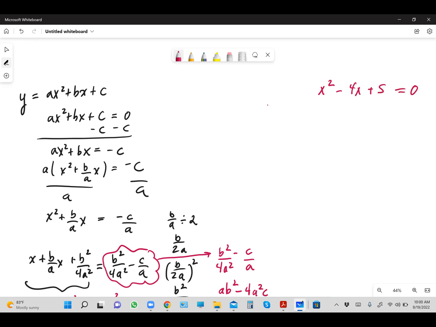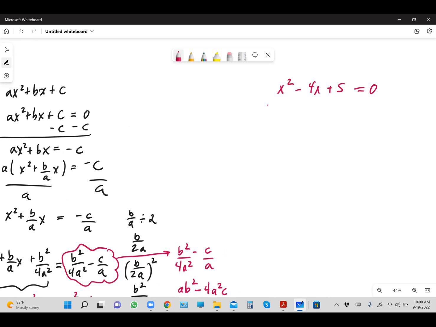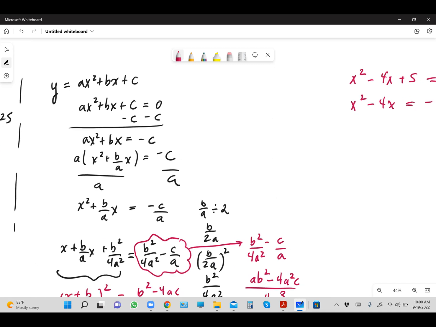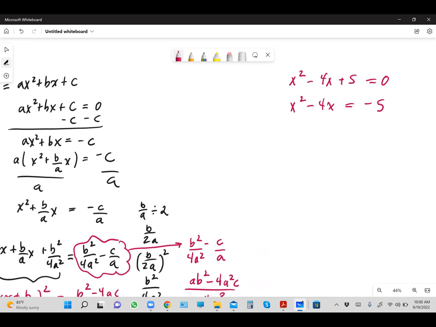What I did right now was this: x squared minus 4x equals negative 5. That's the first step.